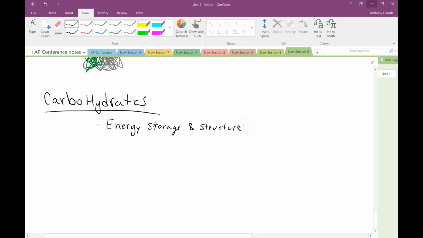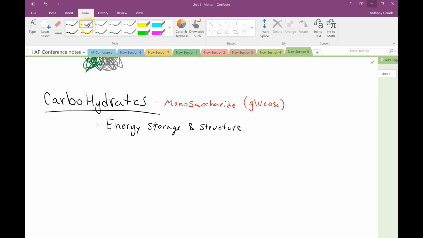Our monomer for carbohydrates is called a monosaccharide, meaning it's going to be one carbohydrate. The most common one we talk about is glucose. If I link 2 of them together, I get a disaccharide. If I link hundreds, if not thousands of them together, I get a polysaccharide. Poly meaning many.